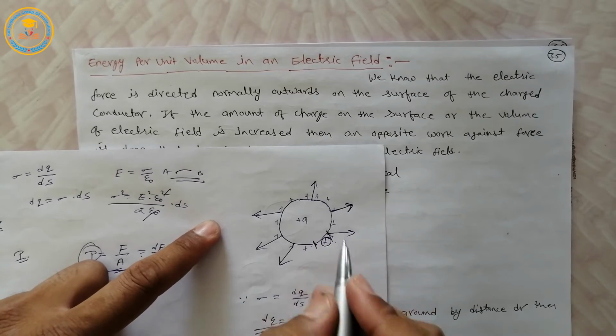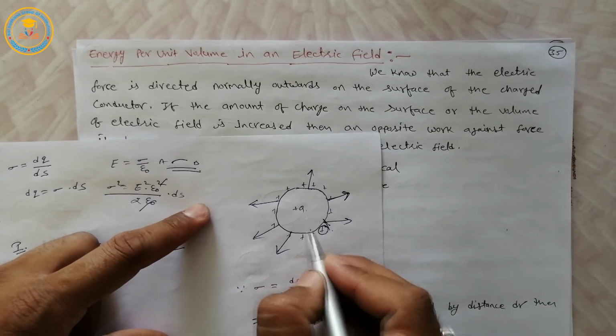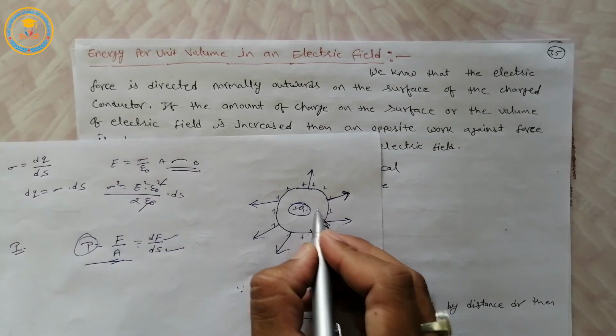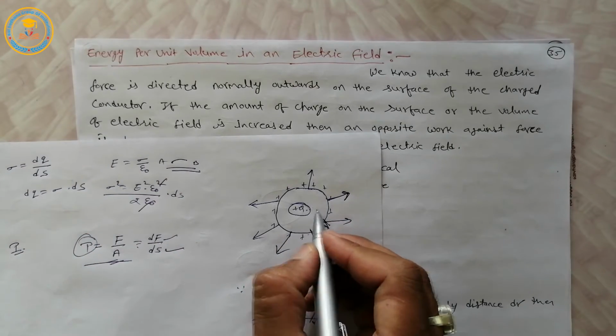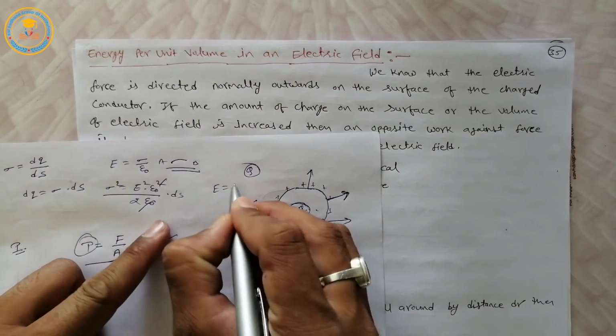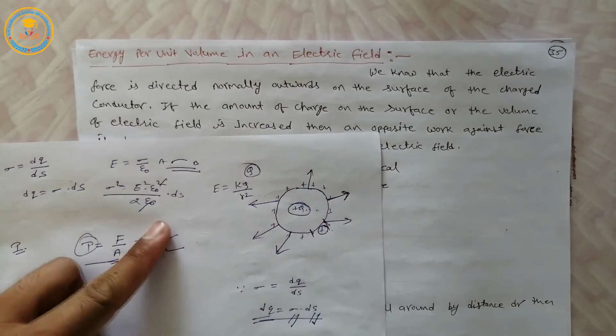If the amount of charge Q is increased, then the electric field intensity will increase, because E is equal to KQ over r square.